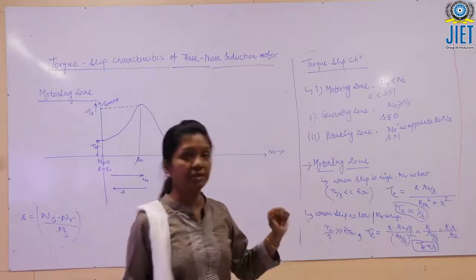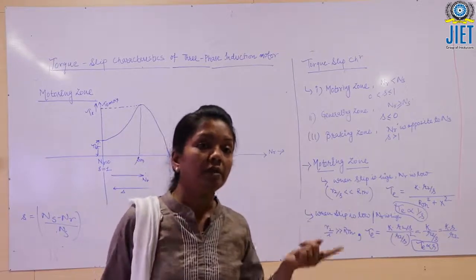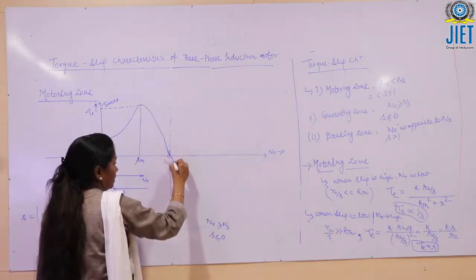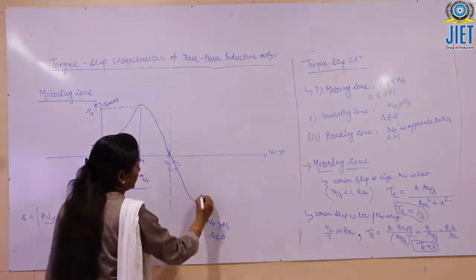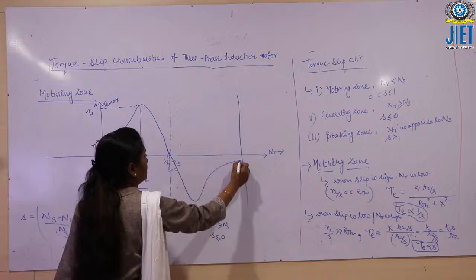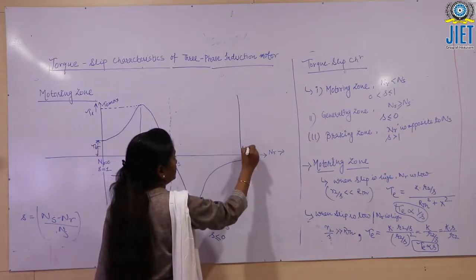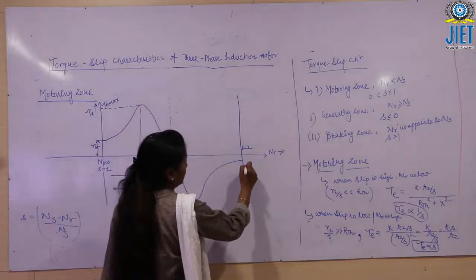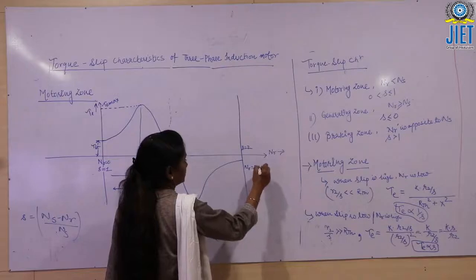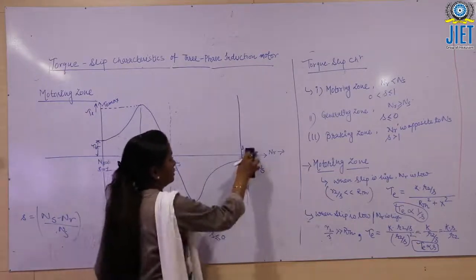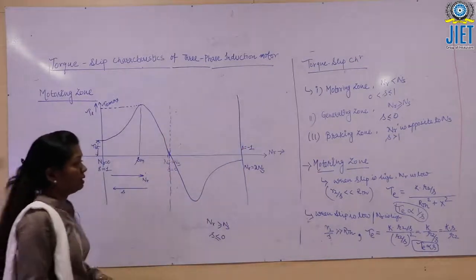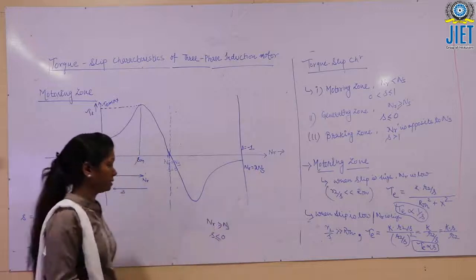So only the term which is present in the numerator is the effective one, and the torque is exactly a replica with a negative sign till here, when the slip is minus 1, and the NR is equal to twice of NS.